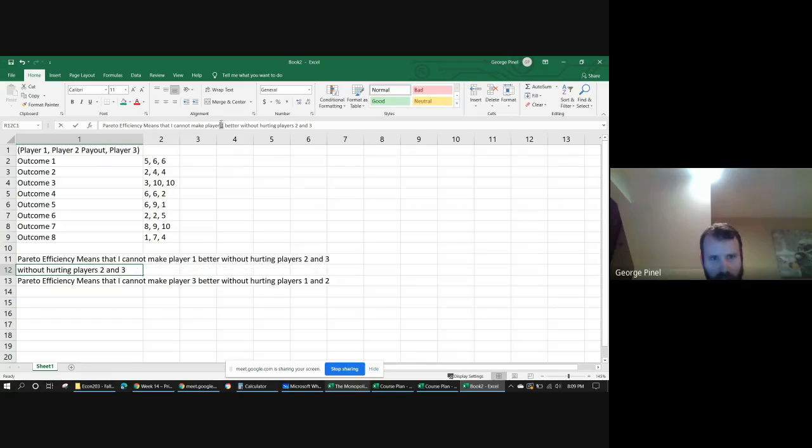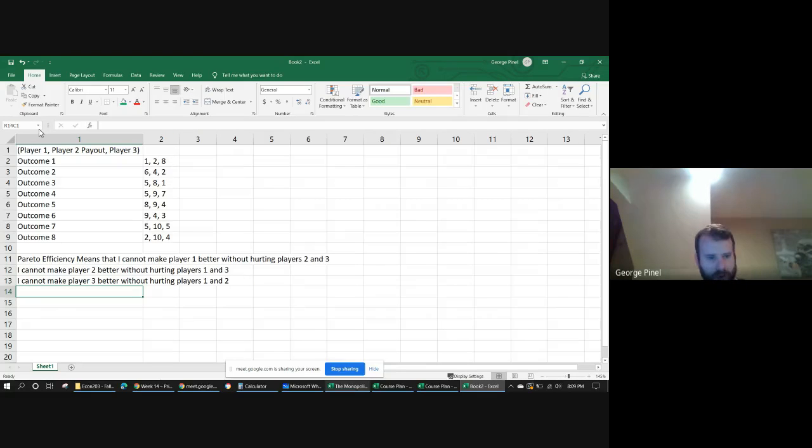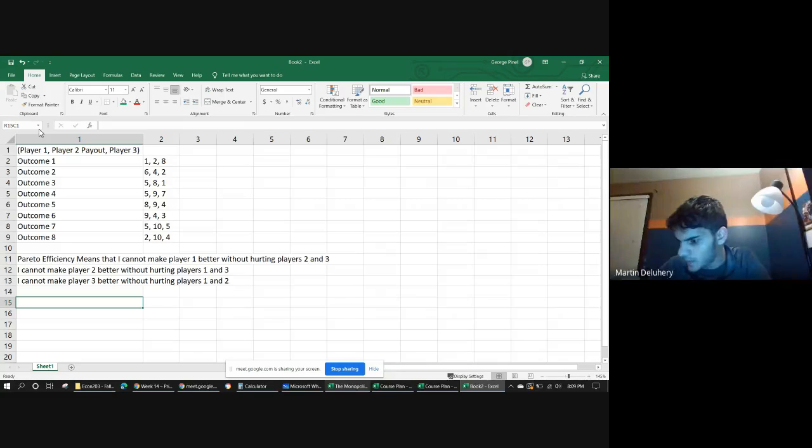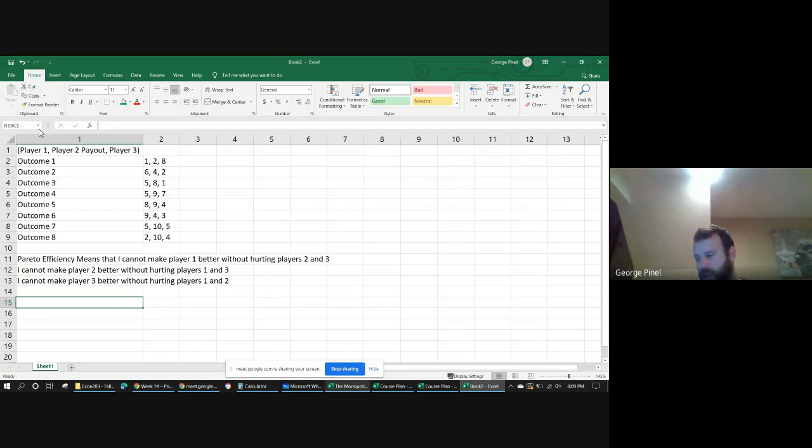Likewise, I cannot make player 2 better without hurting players 1 and 3, and I cannot make player 3 better without hurting players 1 and 2. Does that make sense? Yeah. So if I can find an allocation that improves one of the players without hurting another, then it's not Pareto efficient. Okay.